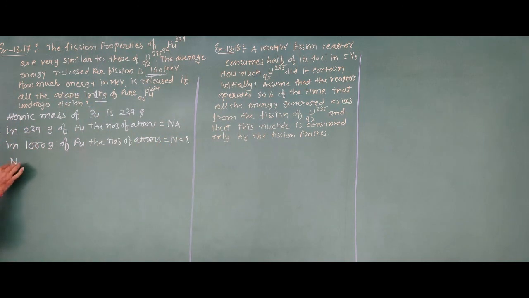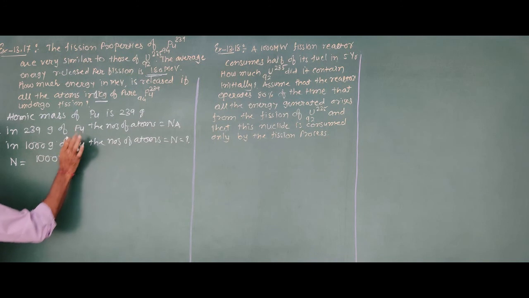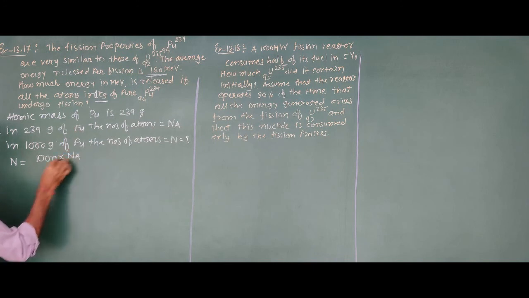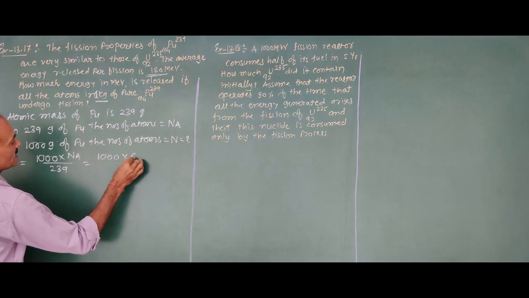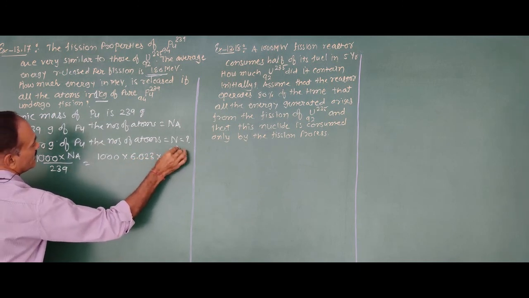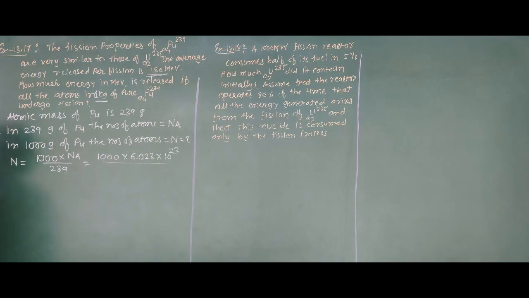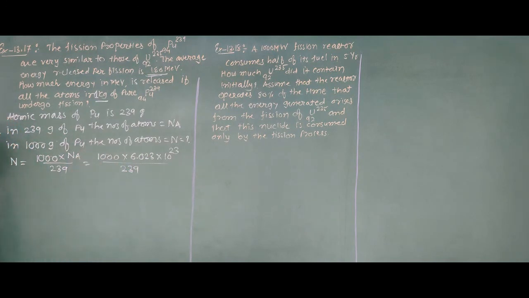Therefore, n is equal to 1000 into Na upon 239. We substitute the value of Avogadro number: 1000 into 6.023 into 10 to the power 23, divided by 239 gram.